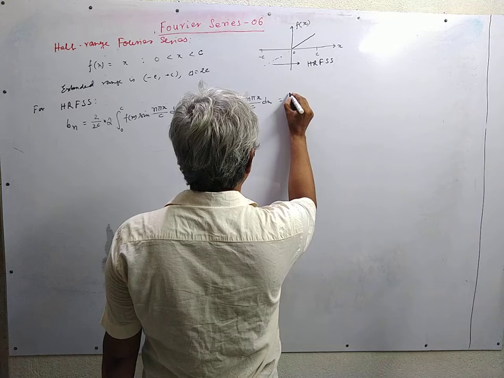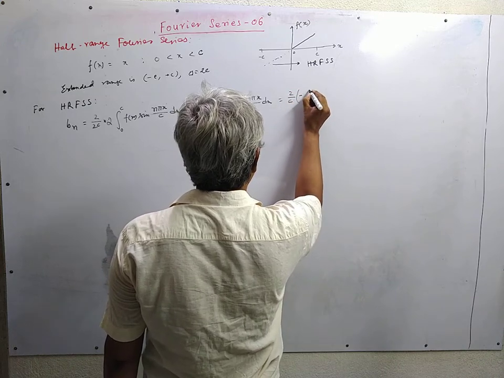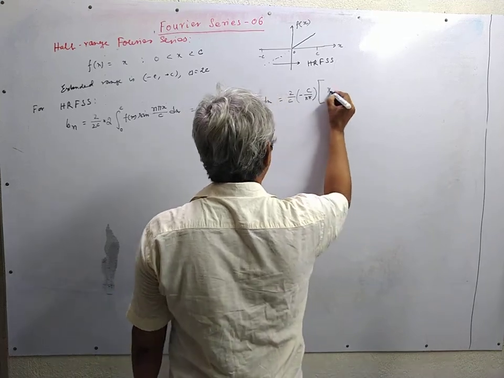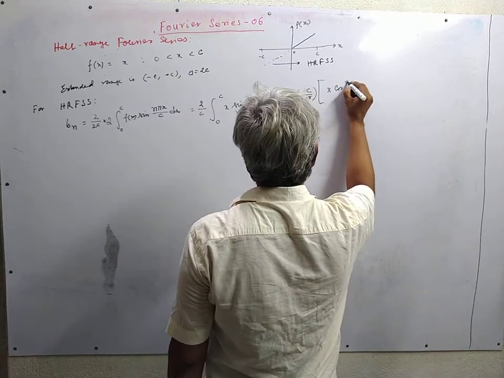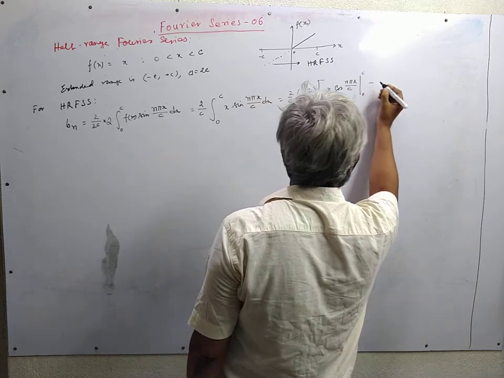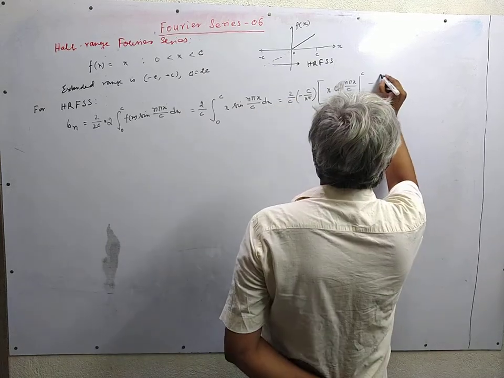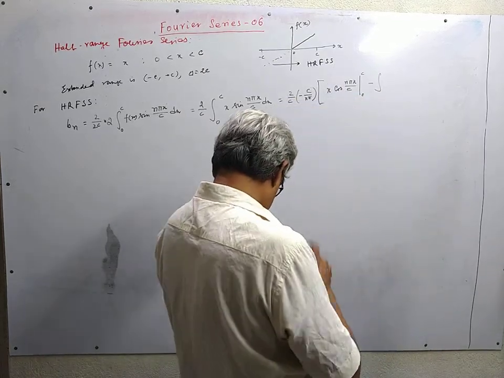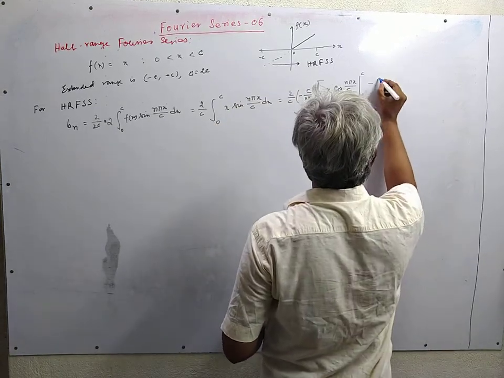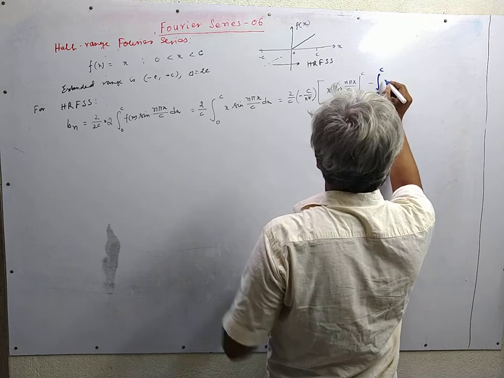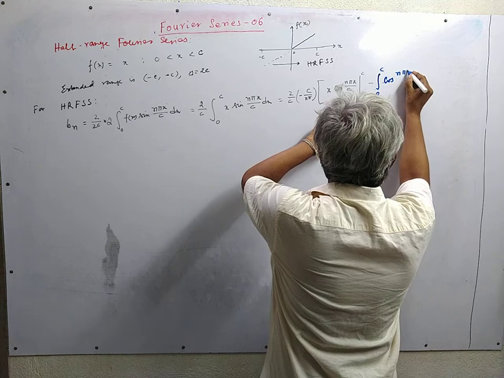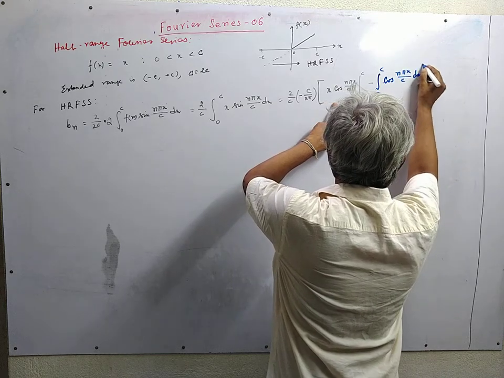This is equal to 2 by c multiplied by c upon n pi, then you will have x cos of n pi x by c within limit 0 to c, minus integration 0 to c cos of n pi x by c dx.